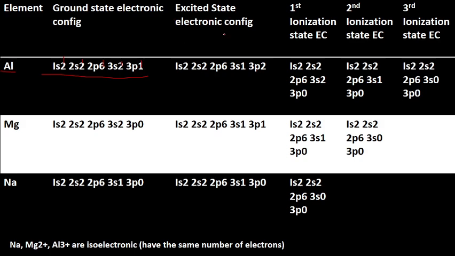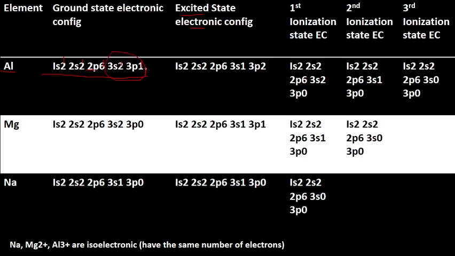Excited state electronic configuration. Upon excitation, it may be possible or not possible, depending on whether there is a pair of electrons that we can promote. Are you getting me? So here, for the excited state electronic configuration, which ones are the outermost shell? 3 is the outermost shell.